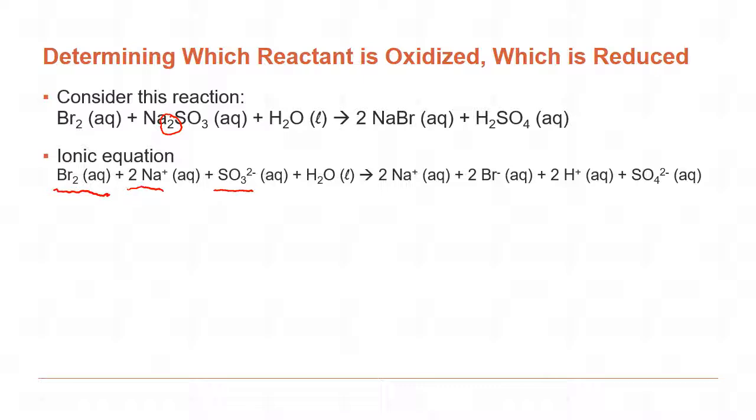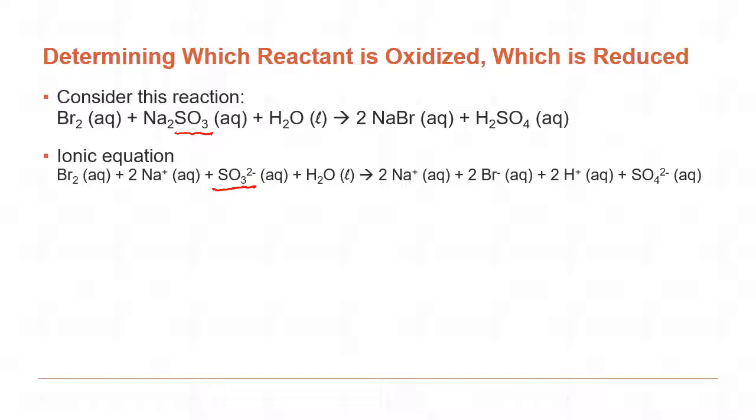So the 2 is a subscript in the compound, but once those ionic bonds are broken in aqueous solution, there's nothing holding the sodiums together, so they would appear with a 2 out front. Now, sulfite is one of our polyatomic ions. Remember that those are bonded internally with covalent bonds. Covalent bonds do not break in aqueous solution, so that's going to remain intact.